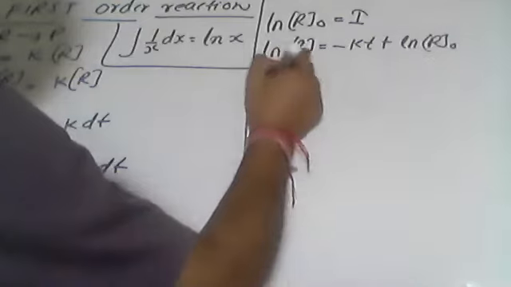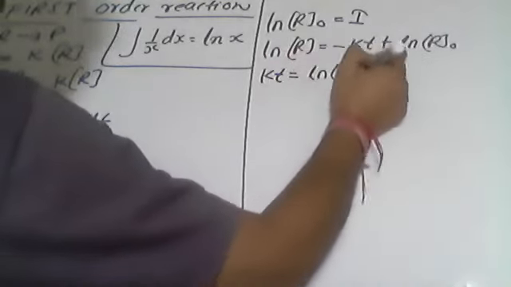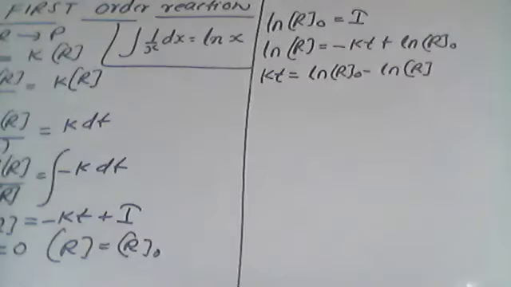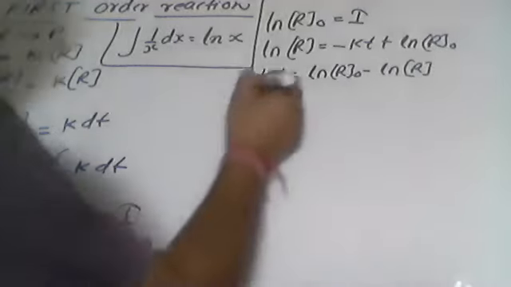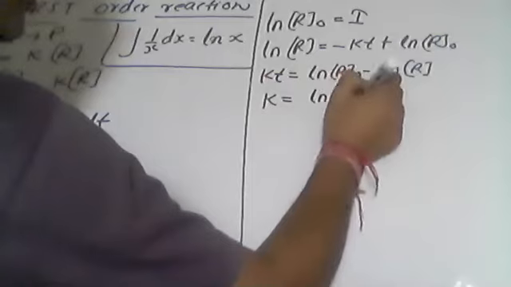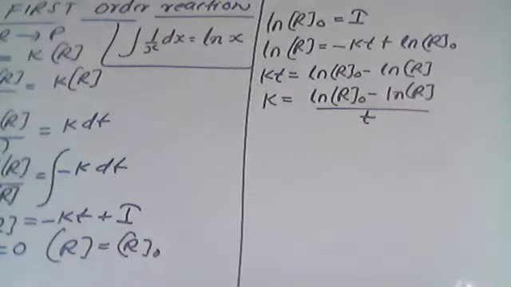So kt is equal to natural log of [R]naught minus natural log of [R]. Further, from here I can find out the k. k will be equal to natural log of [R]naught minus natural log of [R], divided by t.